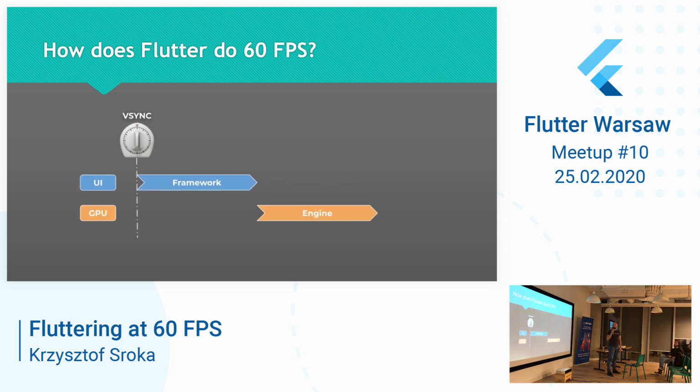So how Flutter works. There are two main threads that work on bringing the UI together in Flutter. The first one is a UI thread. This is a thread that the framework, the Flutter code uses. So most of the work we do is going to be executed in the UI thread.